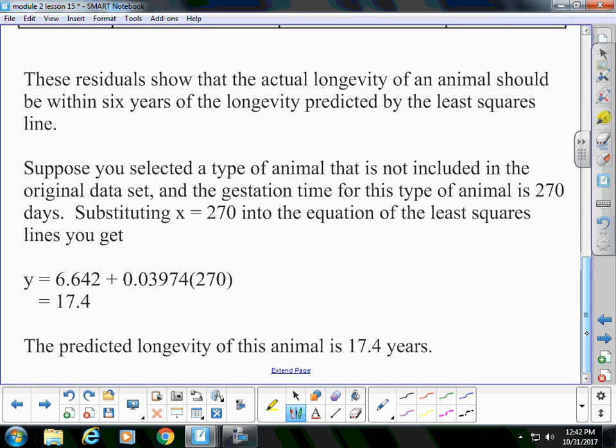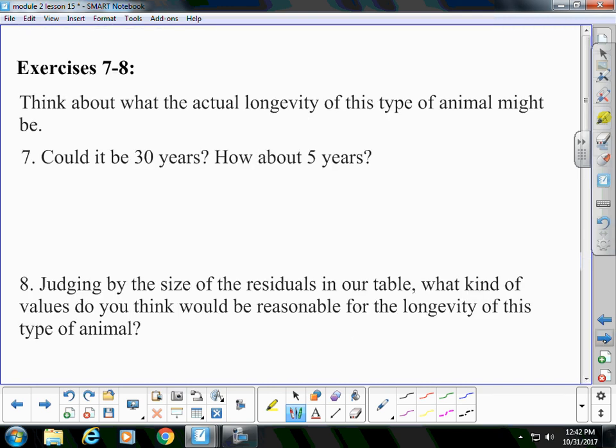The predicted longevity is 17.4 years. Think about what the actual longevity of this type of animal might be. Could it be 30 years? How about 5 years?